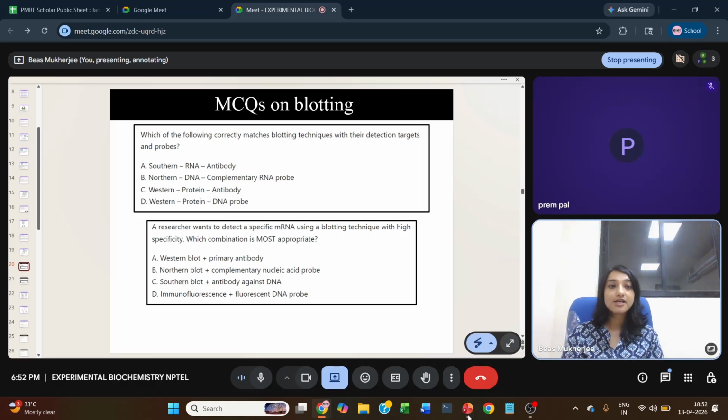Right, try answering. For the next question, a researcher wants to detect a specific mRNA using a blotting technique with high specificity. So which one of these would be most appropriate? So Western blot plus primary antibody, Northern blot plus complementary nucleic acid probe, Southern blot and antibody against DNA, and immunofluorescence with fluorescent DNA probe.